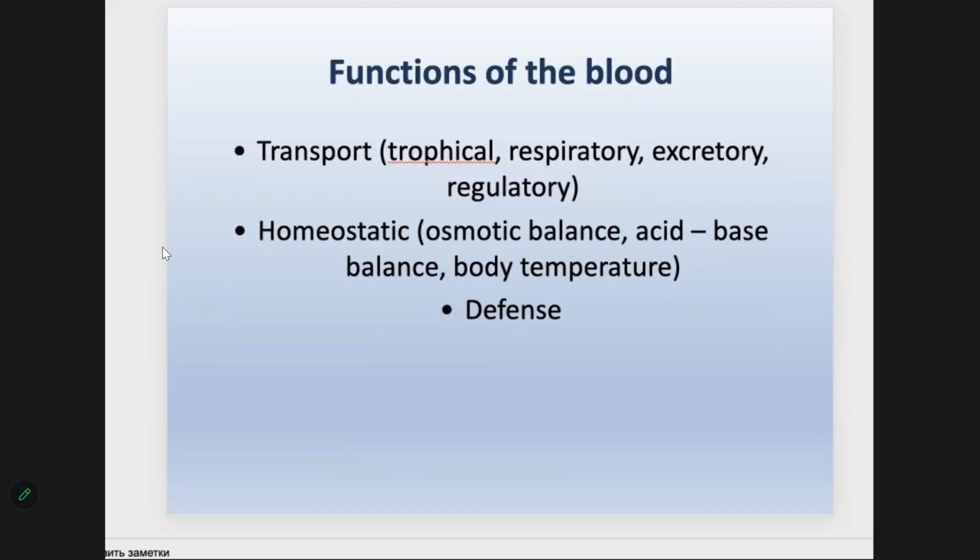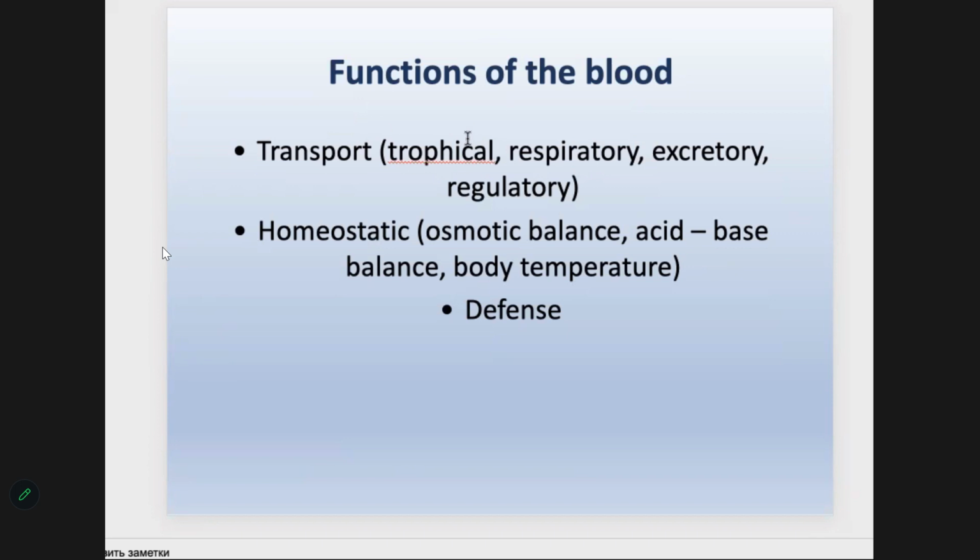Look at the main functions of the blood. The first large function is the transport function. This common function includes some smaller functions, such as the trophic function: the structures of the blood transport different nutrients.